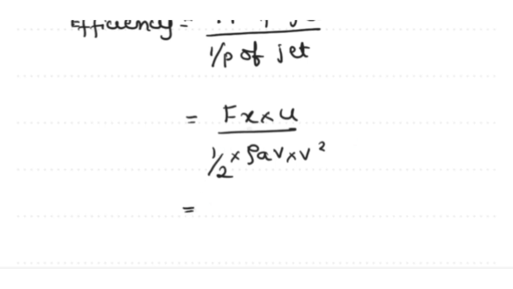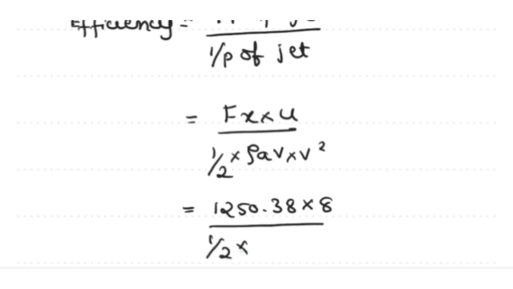If you substitute the values, Fx is 1250.38 into 8 divided by half into 1000 into area 0.004417 into velocity of jet 20 into 20 square.